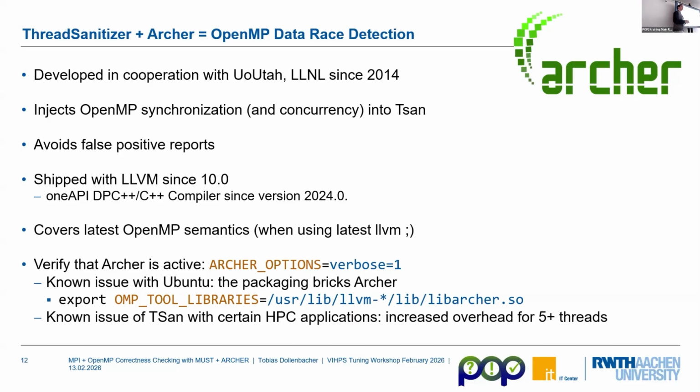So whenever you run it on a system that you don't know yet, just activate ARCHER_OPTIONS equals verbose equals 1. That gives you a print at the start of the application which says Archer detected OpenMP pragmas. I don't know what the exact message is, we will see it later in the hands-on, but it detected some OpenMP runtime directives and will inject the synchronizations to Thread Sanitizer, and you can be sure that Archer is running.